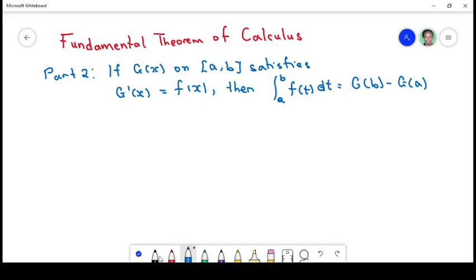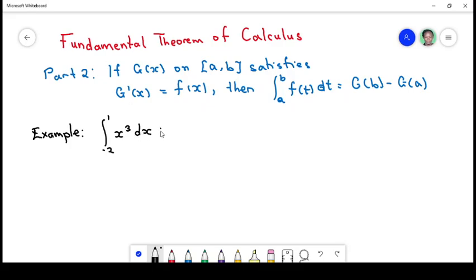So let's take an example here. Let's say I have the integral from -2 to 1, and the function is x cubed dx.